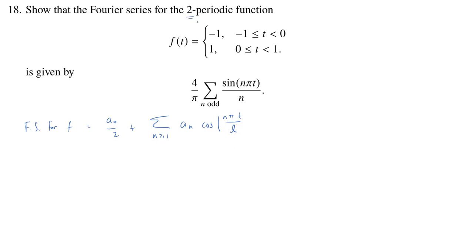In this case, we have a two periodic function, so our L is just equal to 1. So it's just going to be n pi t. That's not the worst thing in the world. And then we also have our sine term, so b n sine of n pi t.